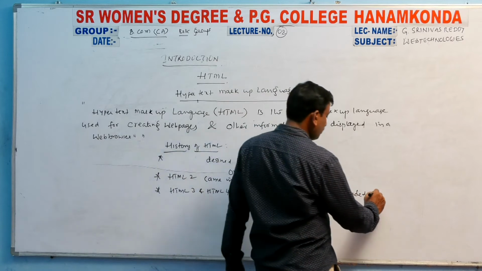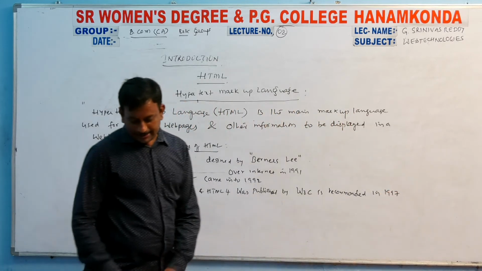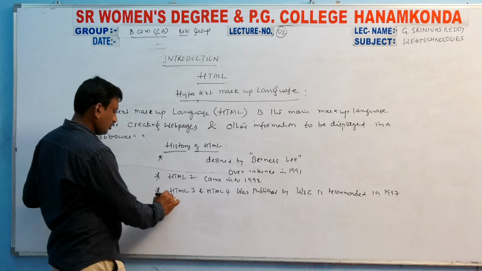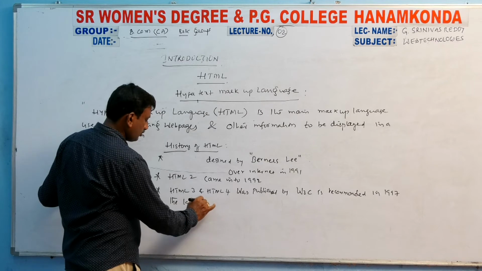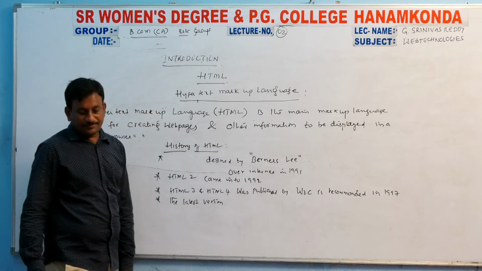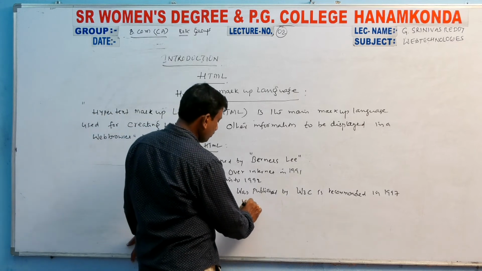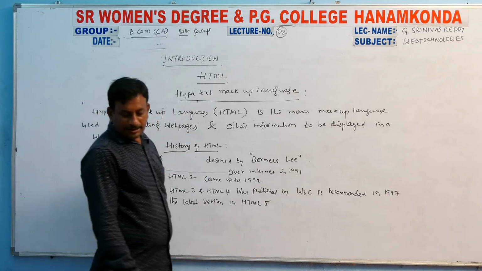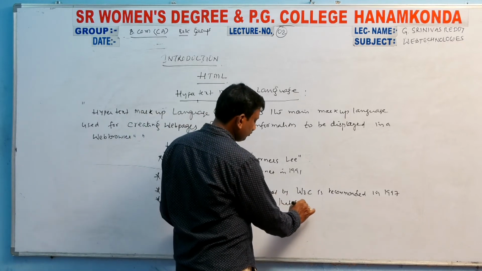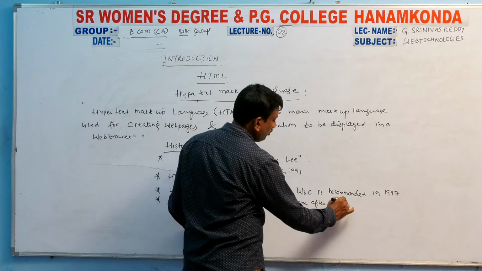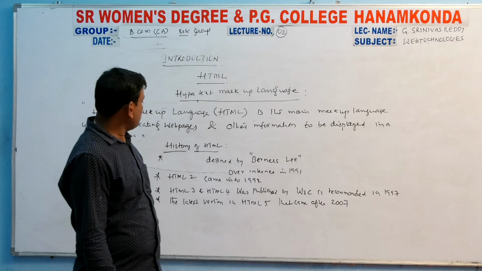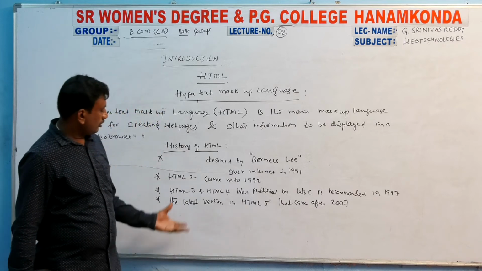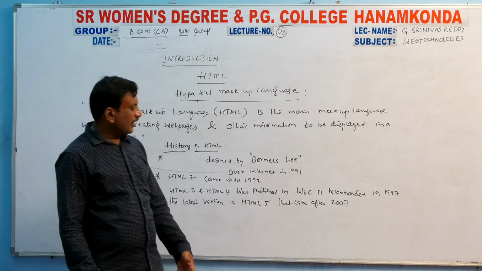In 1997, the latest versions of HTML came. After that, the latest version, HTML5, came after 2007.